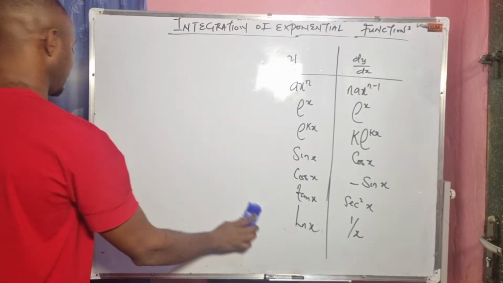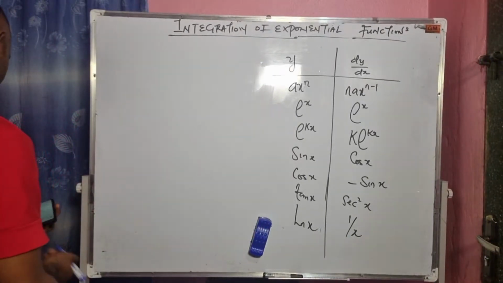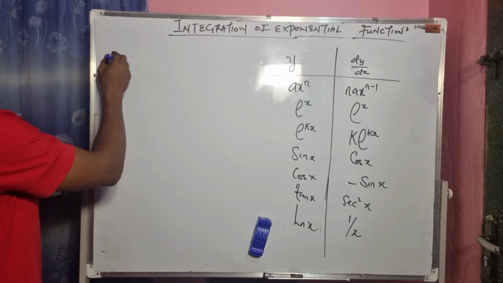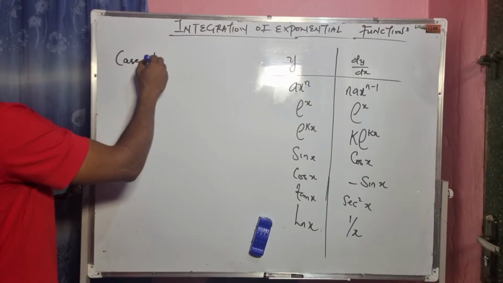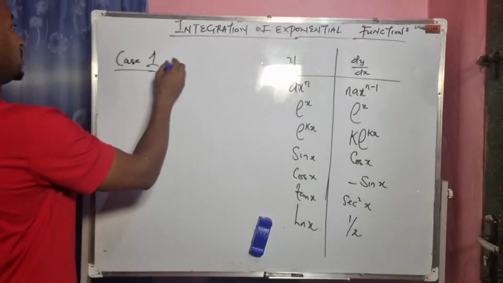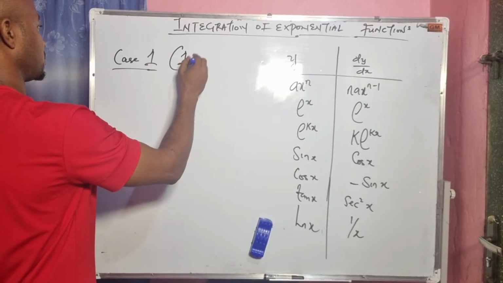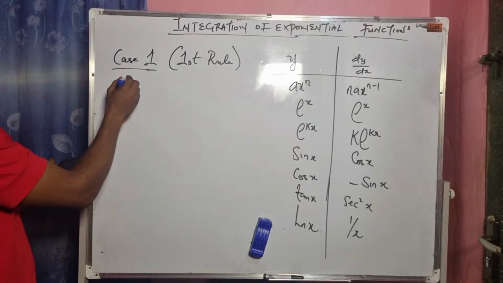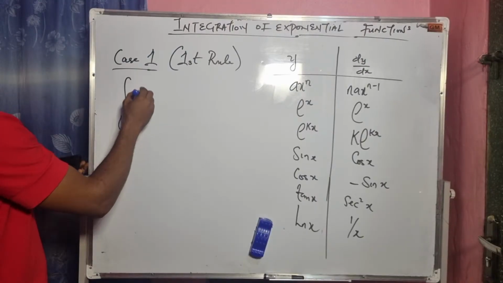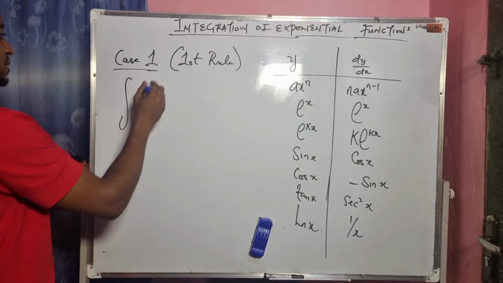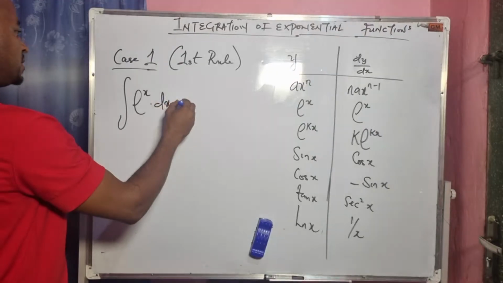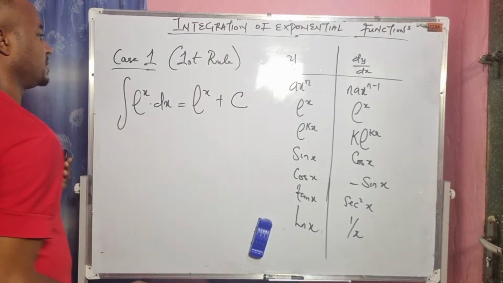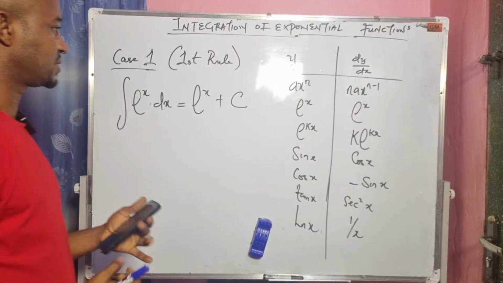So, we'll look at the first rule of exponential function. Let's look at case 1, the first rule. The rule says that the integral of e to the x dx is equal to e to the x plus c. That's what the rule is saying.